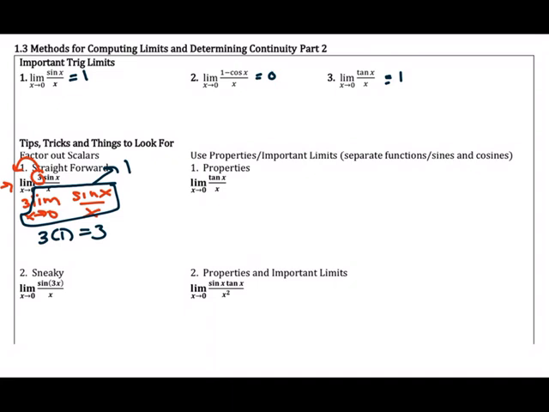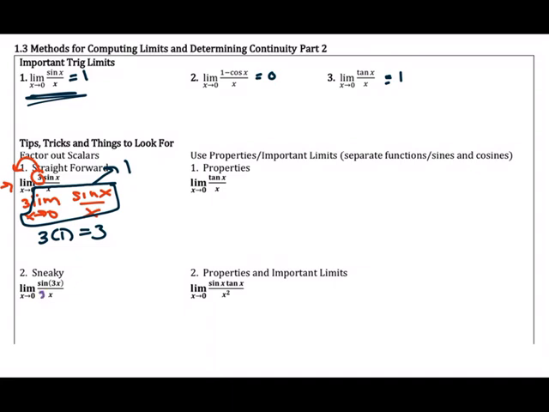Well, what happens if we have something that looks similar to this property, but not exactly the same? That's sort of sneaky looking, this one down here. The limit as x approaches 0 of sine of 3x over x. Wouldn't it be nice if either that 3 wasn't in the numerator or we had a 3 in the denominator?